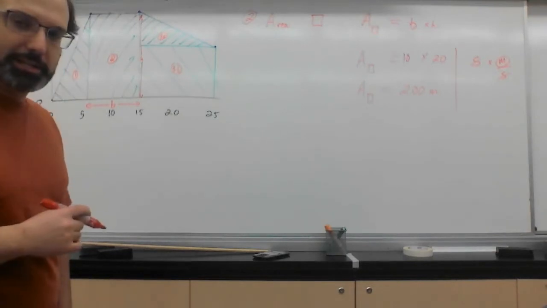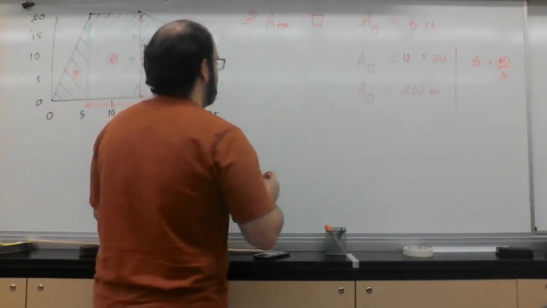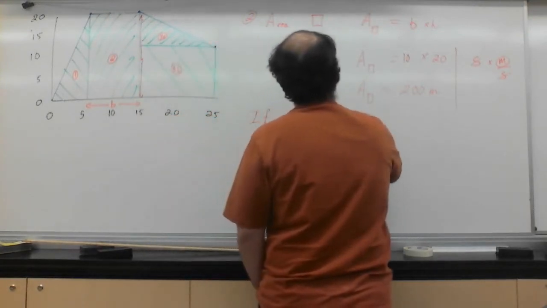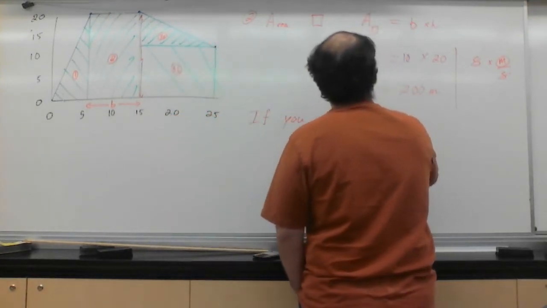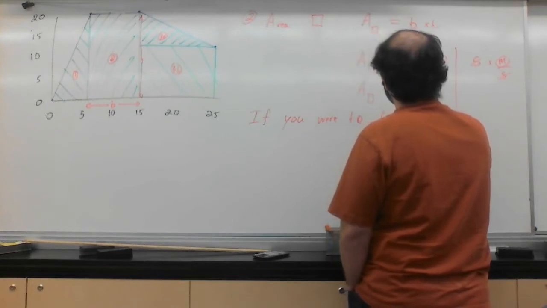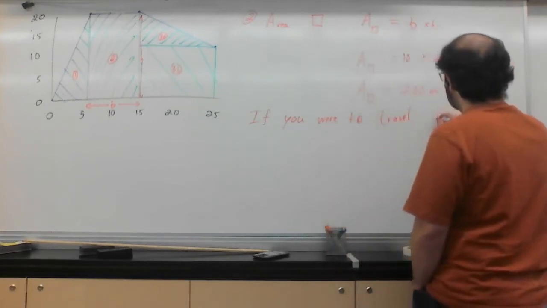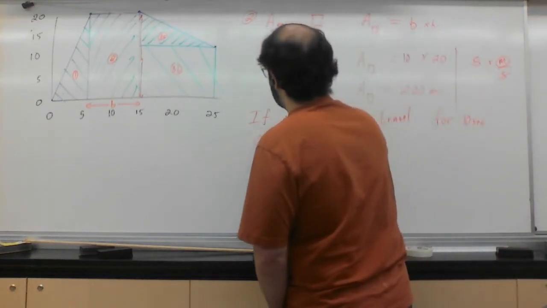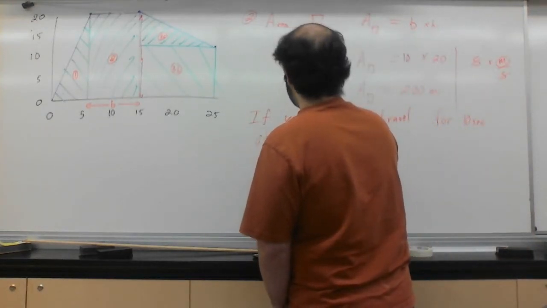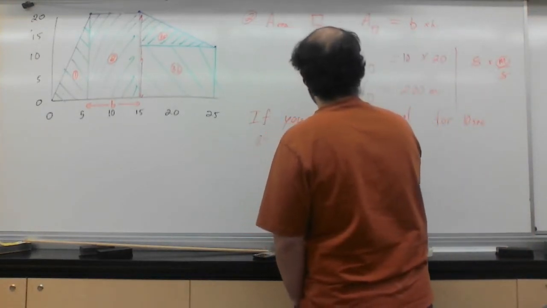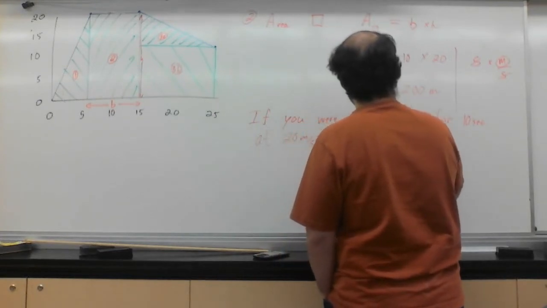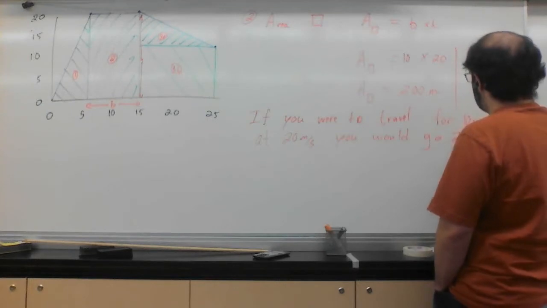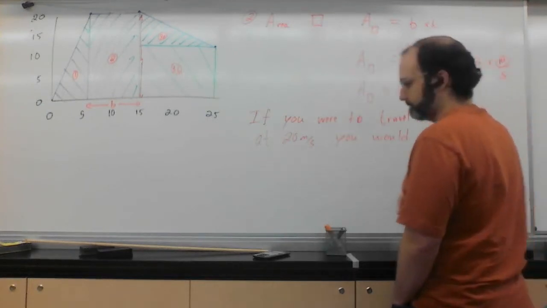So what is this telling us? This is telling us that if you were to travel for 10 seconds at 20 meters per second, you would go 200 meters.